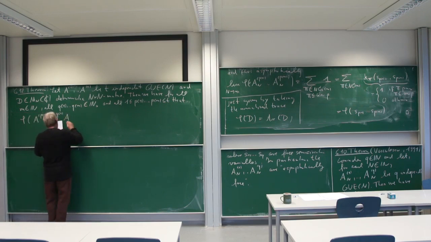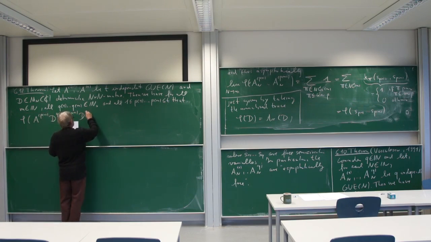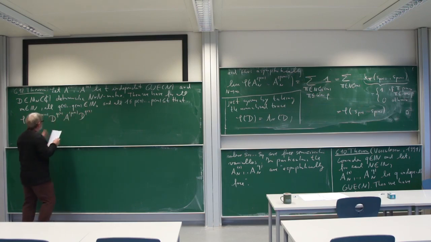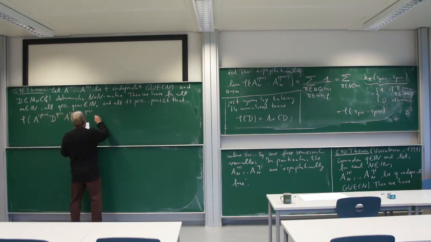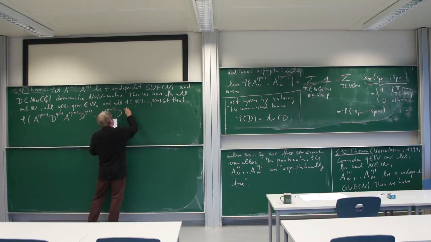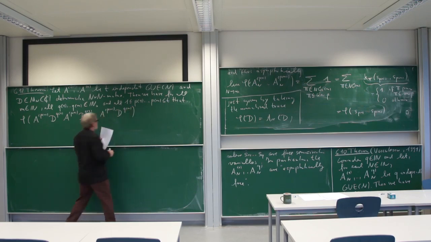Then I take another A matrix, p2, and another D matrix. Okay, there's only one D matrix, but another power of this, and so on, up to A_pm D^qm. And this gives me all mixed moments in the A's and the D's.